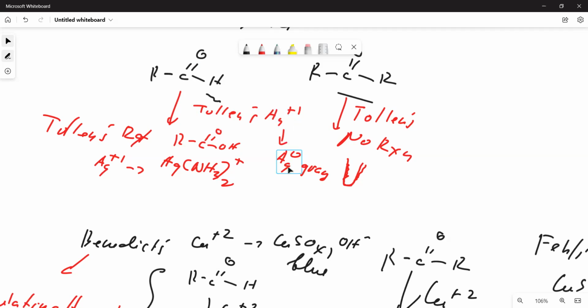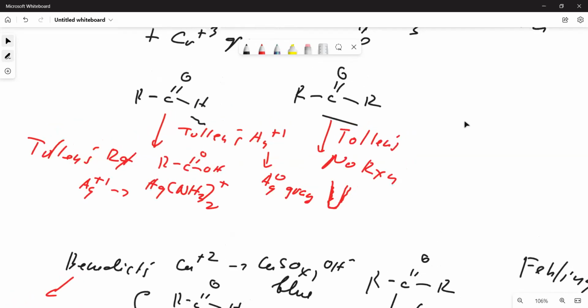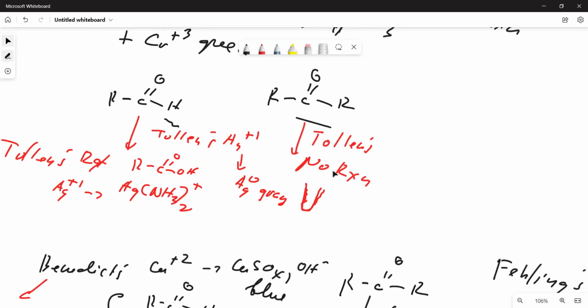You know the color of silver metal, gray and shiny, so that will coat the test tube like a mirror. That's why this test is called the silver mirror test. How about if you add Tollens to ketone? No reaction, because there is no hydrogen to oxidize.